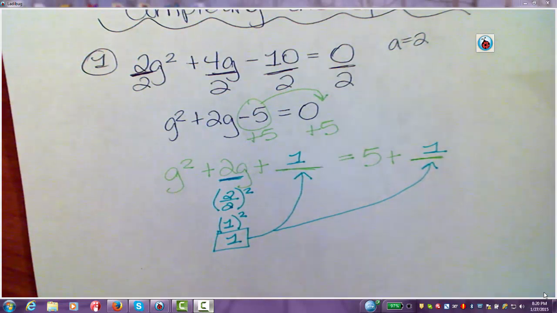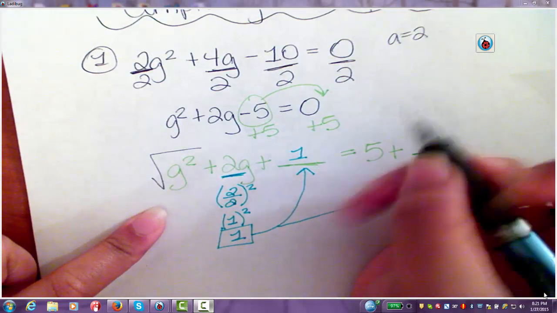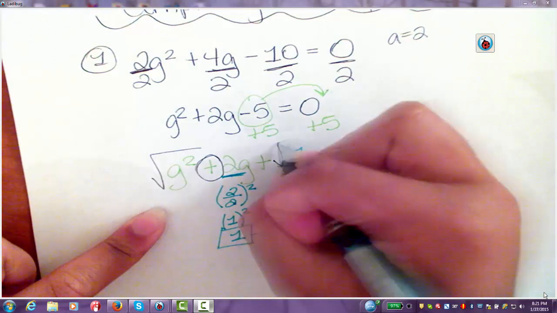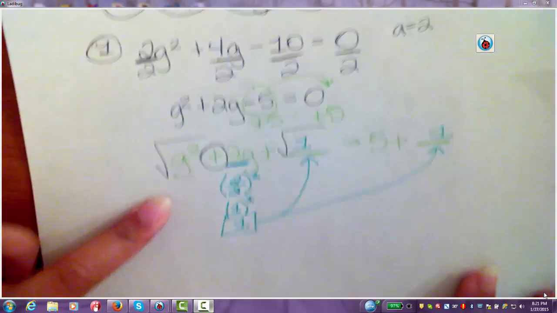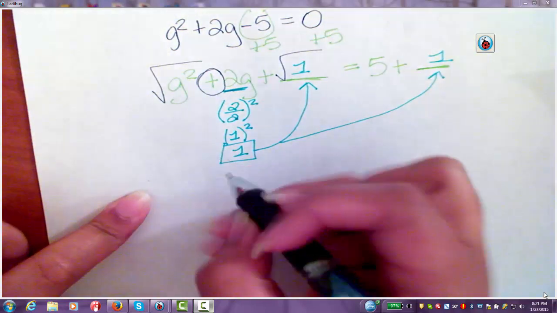And the way we factor is we take the square root of the first term, we keep this sign right here, and we take the square root of the last term. So the square root of g squared is g.